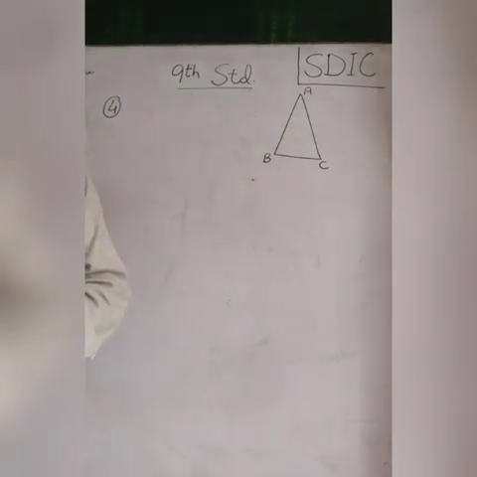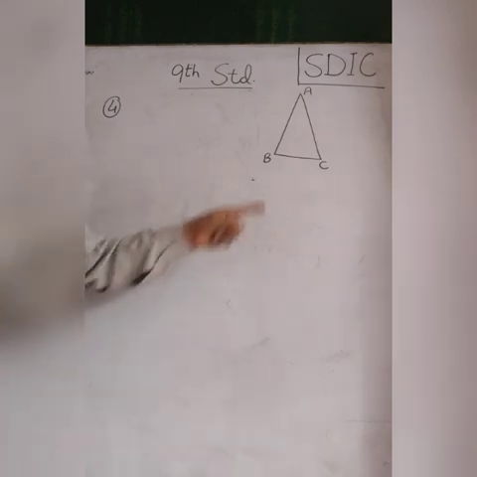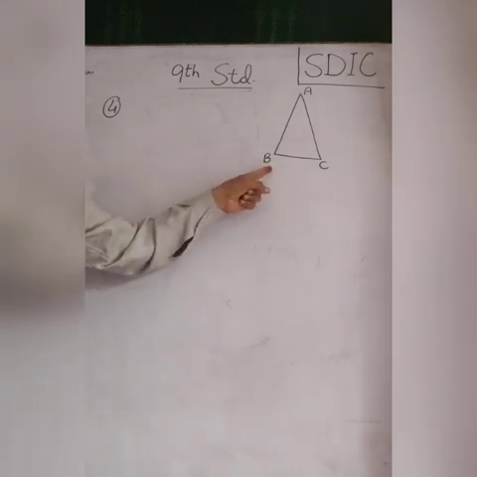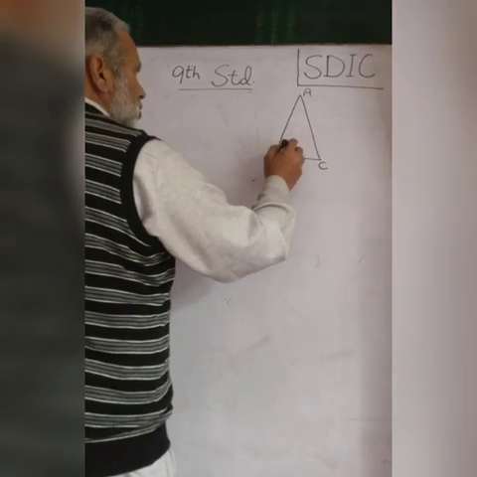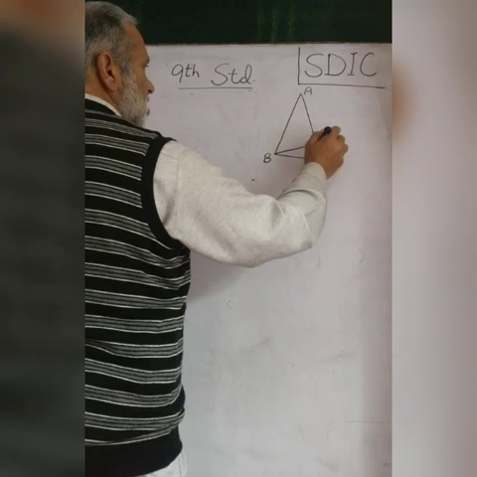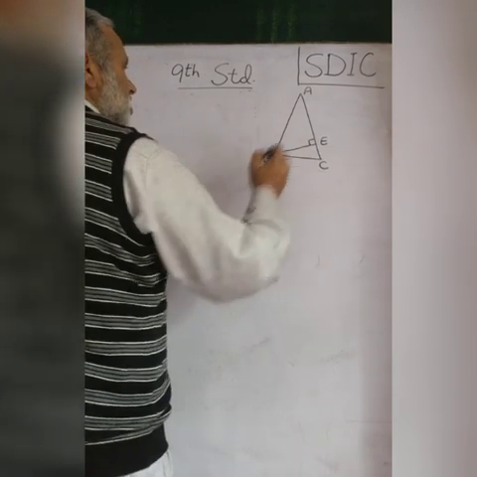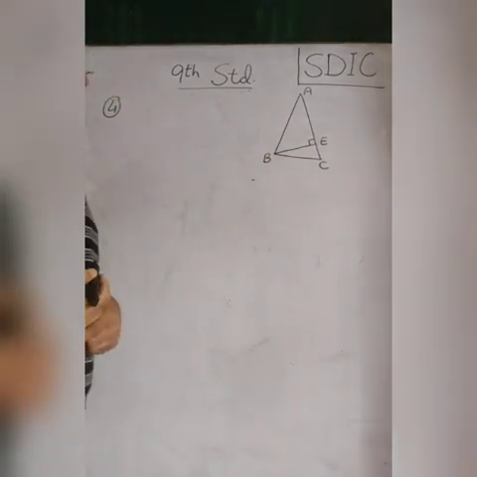Just now in question number 2 also we discussed altitude, the perpendicular from the vertex to the opposite side. BE is the altitude, therefore it will be drawn from the vertex B to the opposite side. BE is the altitude, perpendicular. This is BE. Angle here is 90 degrees. We call such a perpendicular an altitude.